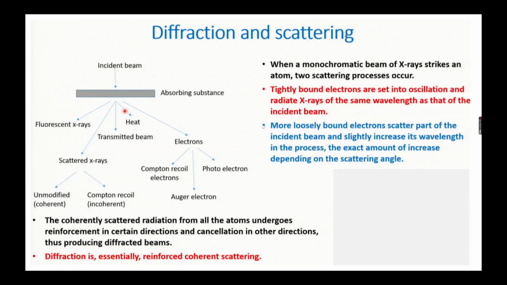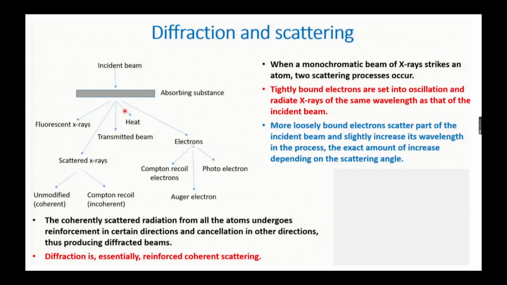Okay, so when it interacts, there will be fluorescent X-rays coming out. Some will cause heat, some will transmit, and also the electrons. Tightly bound electrons are set into oscillation, and there will be radiated scattered X-rays.